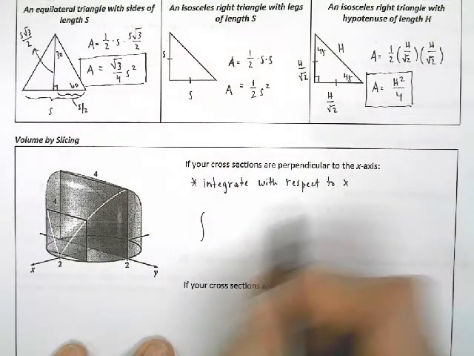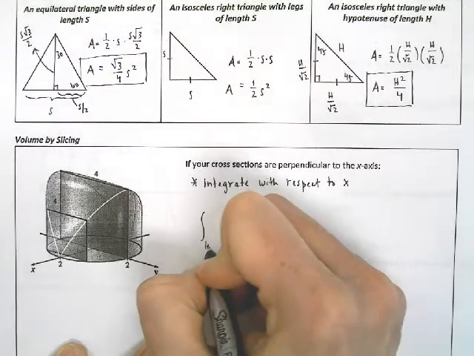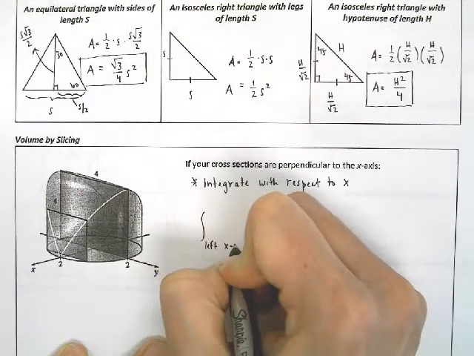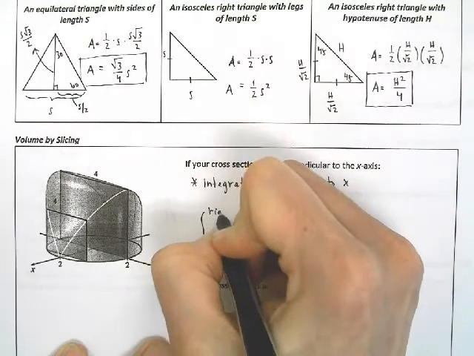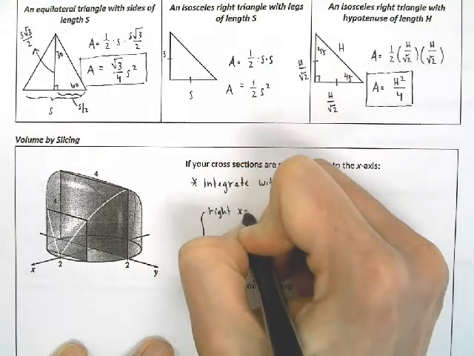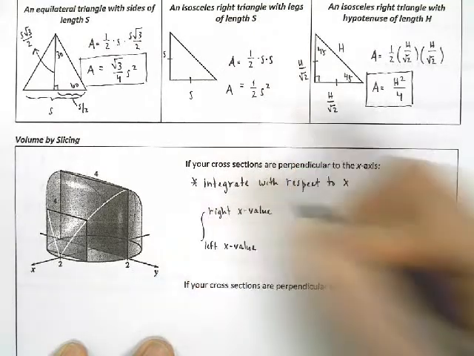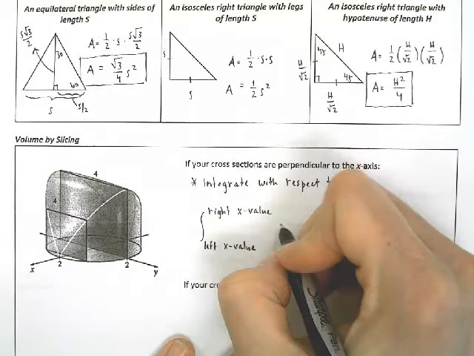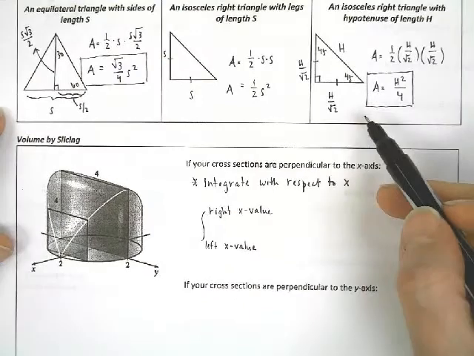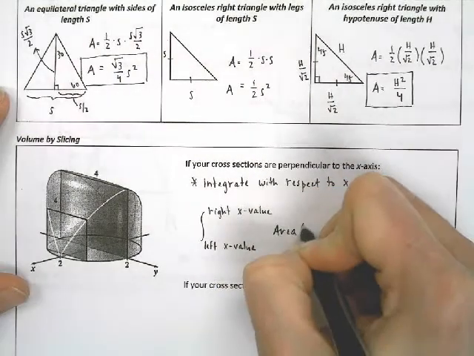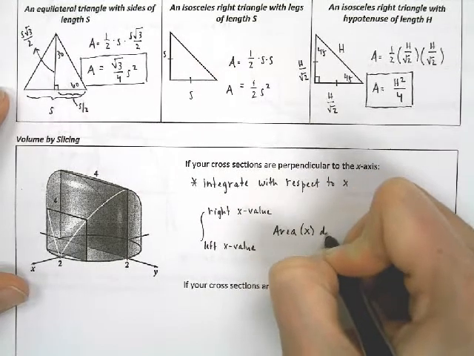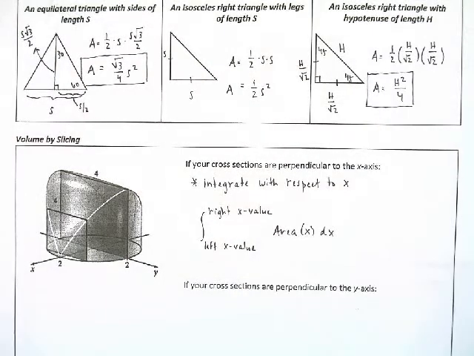Since we're with respect to x, my lower bound is going to be my left x value. My upper bound will be my right x value. And we're going to integrate that area formula from up above. We're going to have that area in terms of x, and then we'll have our dx at the end.